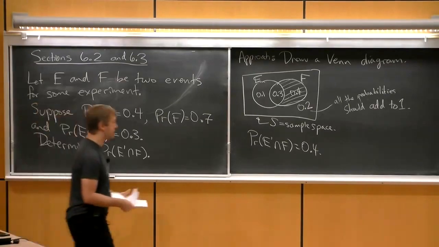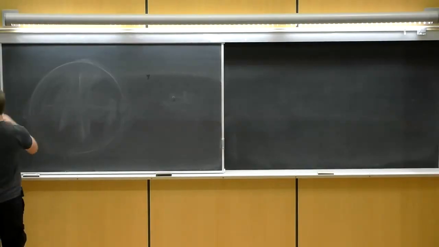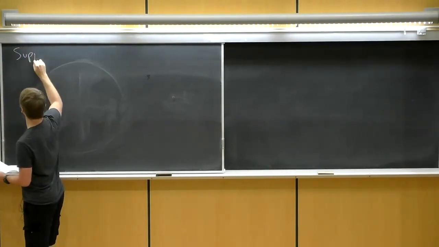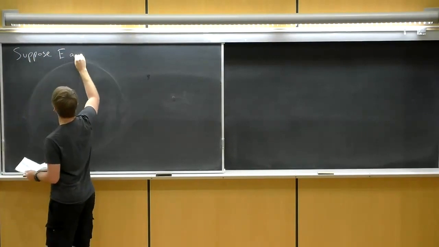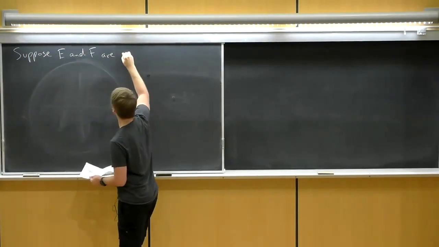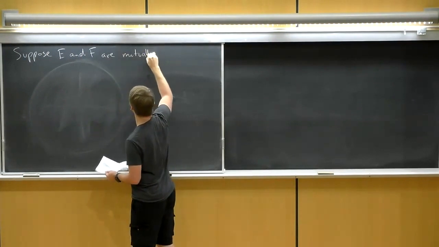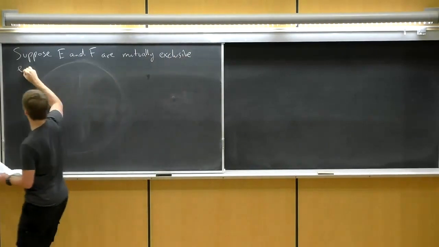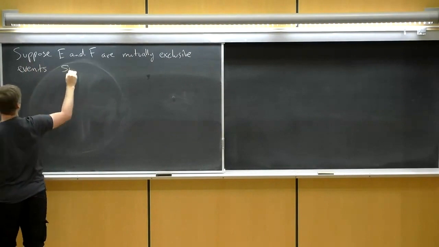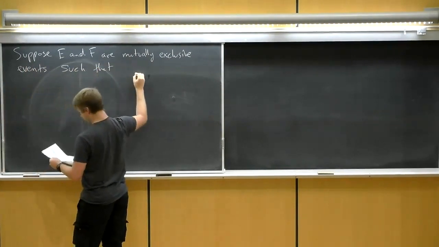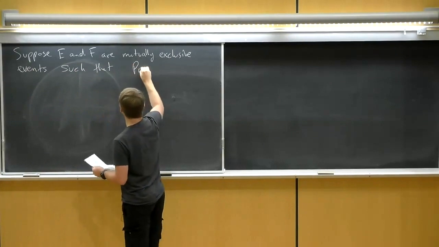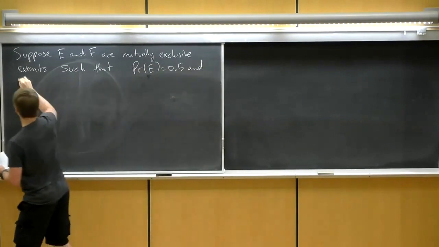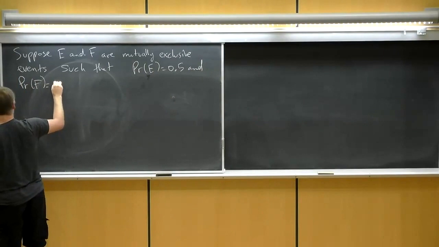Another slight variation of that. Suppose I tell you, and this is kind of testing your terminology as well, suppose E and F are mutually exclusive events, such that probability of E is 0.5 and probability of F is 0.4.